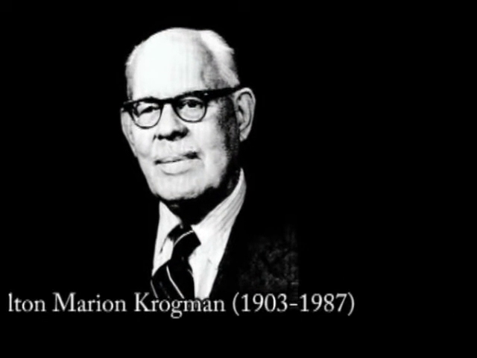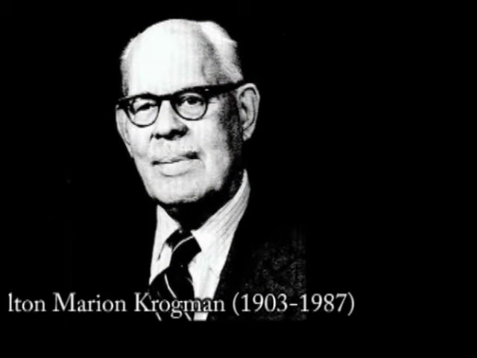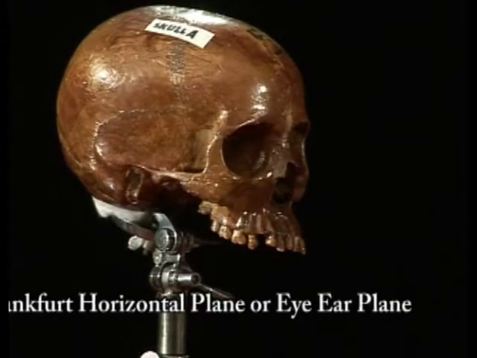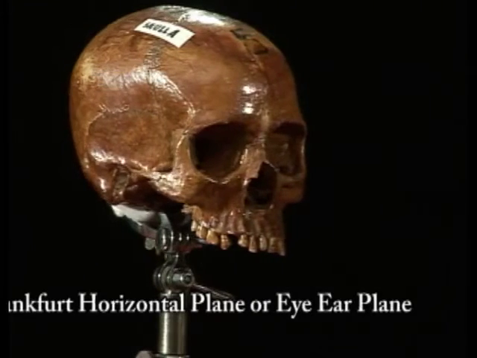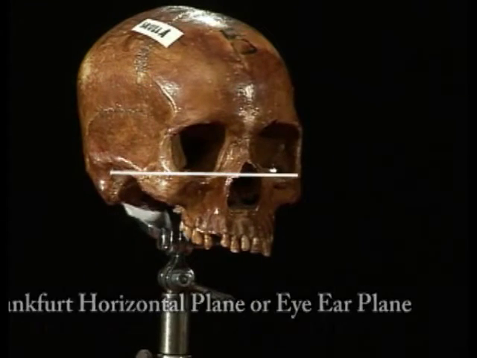Although many planes have been suggested, and Krogman has gone to the extent of describing up to 20, yet one of the most well-defined planes, and internationally accepted, is the Frankfurt horizontal plane or eye-ear plane.